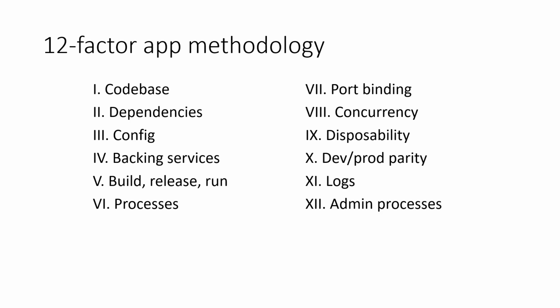In terms of processes, it is more of a stateless process. And then you have port bindings, concurrency, disposability, dev and prod parity, logs, and admin processes. So these are the 12 factors of the application methodology used in creating software as a service.